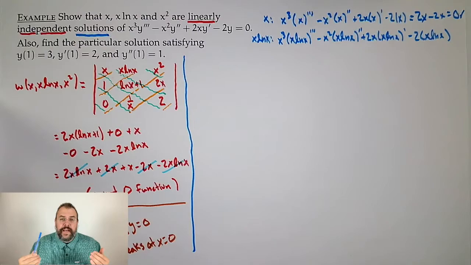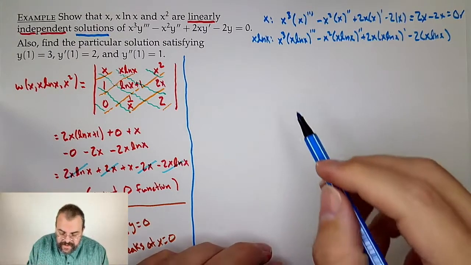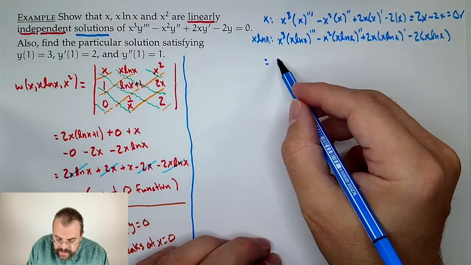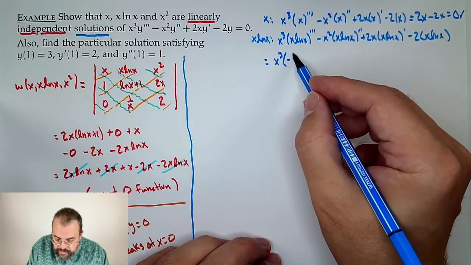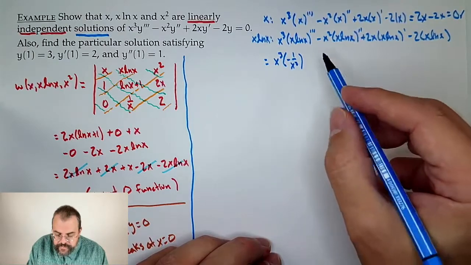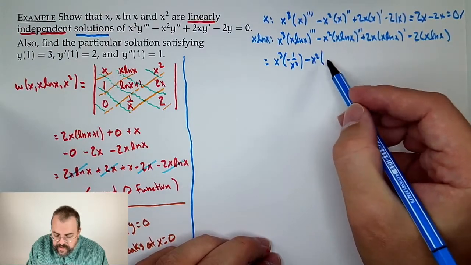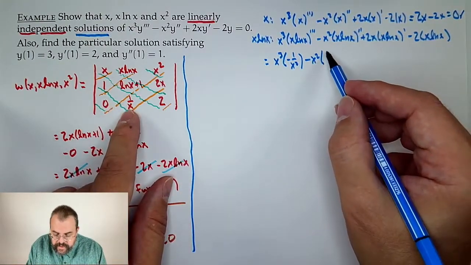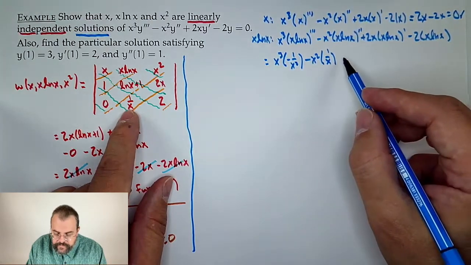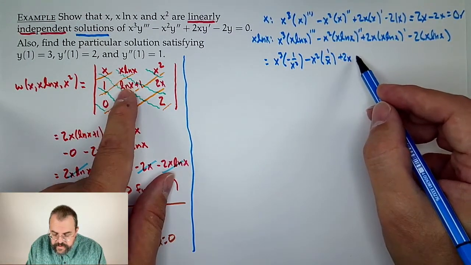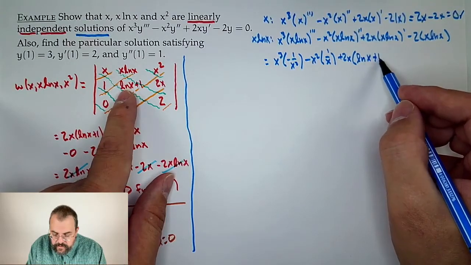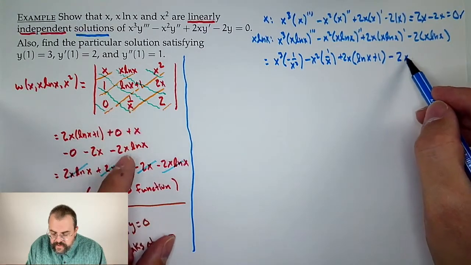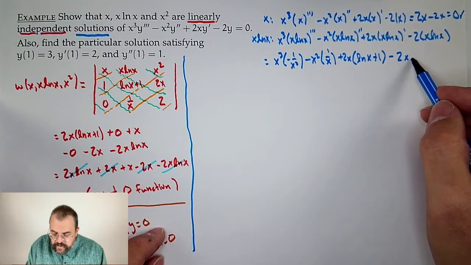So we have negative 1 times x to the negative 2, minus 1, minus 1. So this would be x cubed times minus 1 over x squared. Then minus x squared. Well, second derivative, we can refer back here. That's 1 over x. Plus 2x, first derivative, log x plus 1. And then just the function, 2x log x.